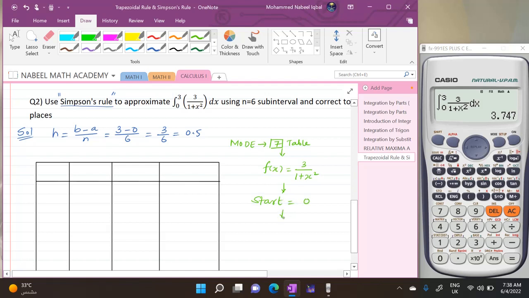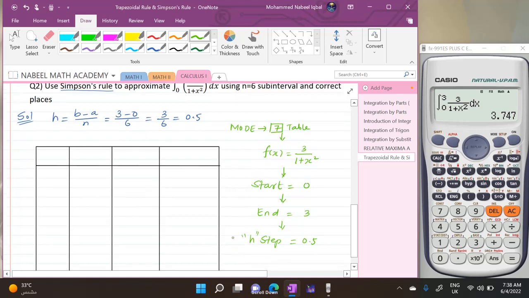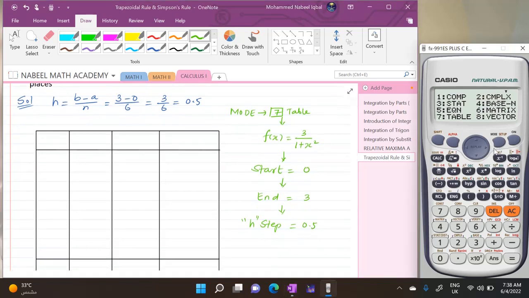Start value 0, end value 3, and step, that is my h, step is equal to 0.5. So you will get the same schedule we have done before, with the two columns.